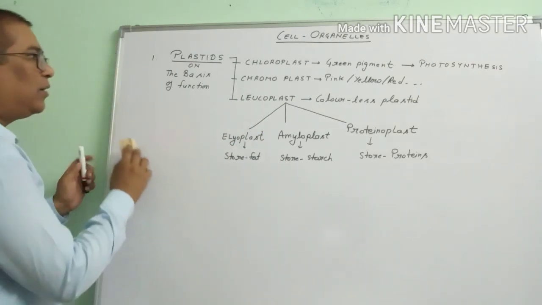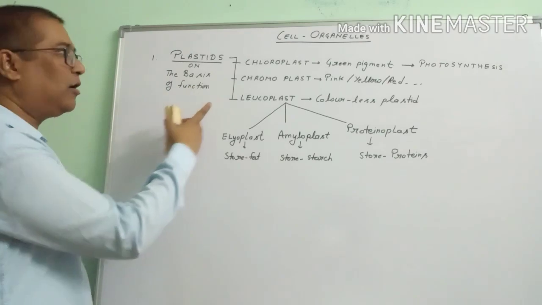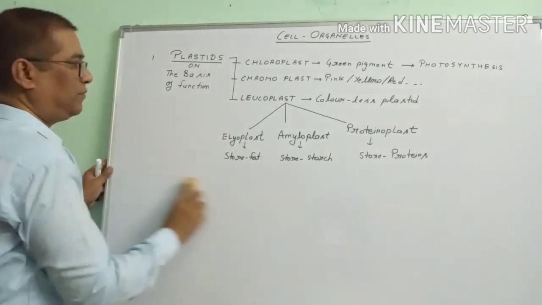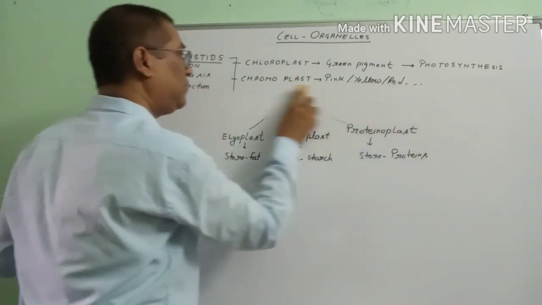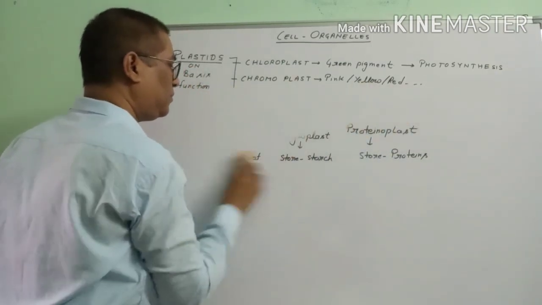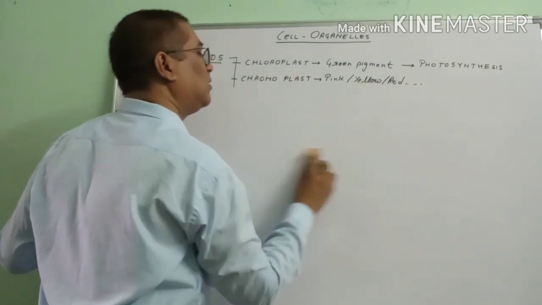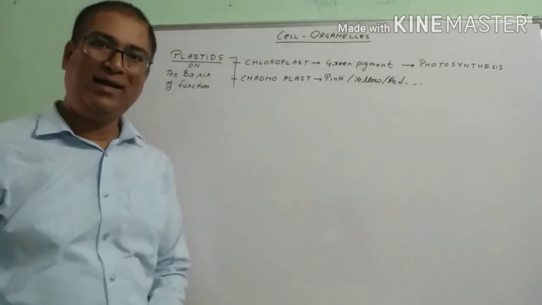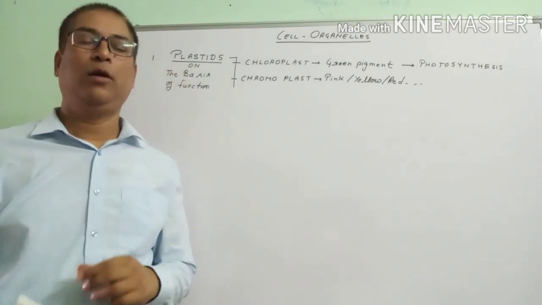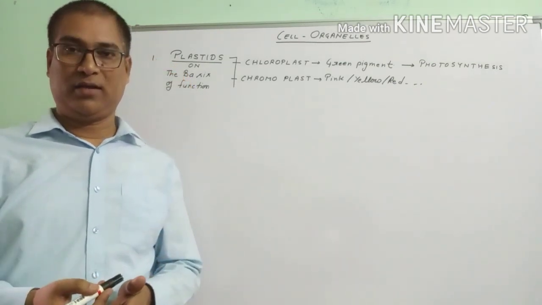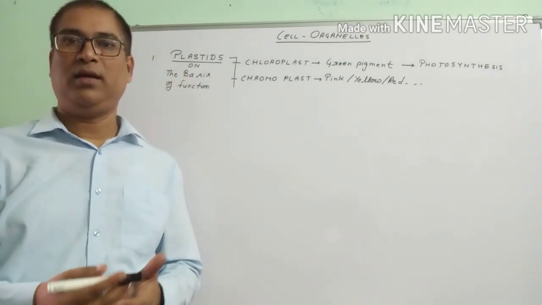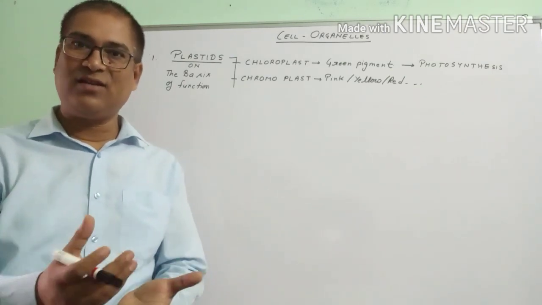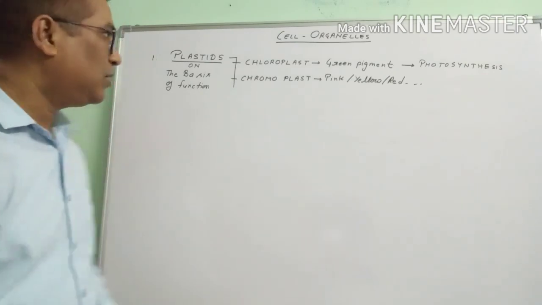Now we have started explaining the chloroplast. In each plant cell, the number of chloroplasts depends upon the surface area of the leaf, the type of the cell, and the size of the cells.